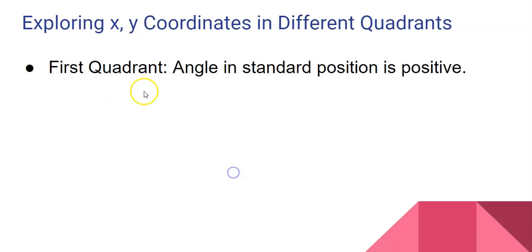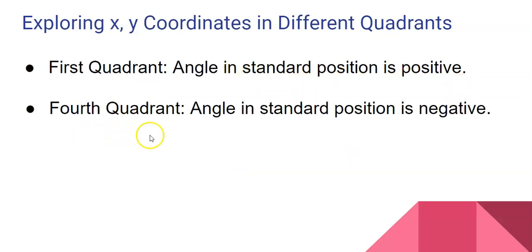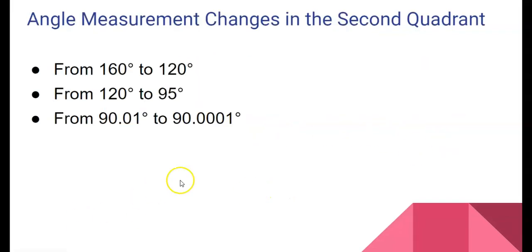So again, in the first quadrant, the angle in standard position is positive, and in the fourth quadrant, the angle in standard position is negative.